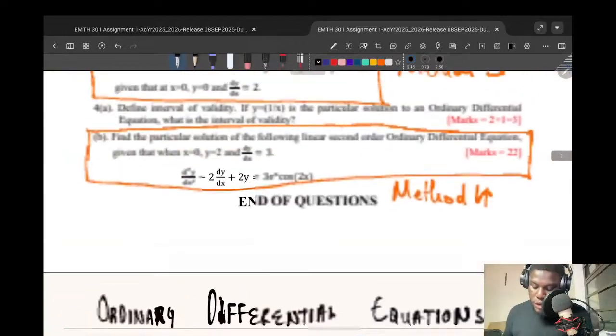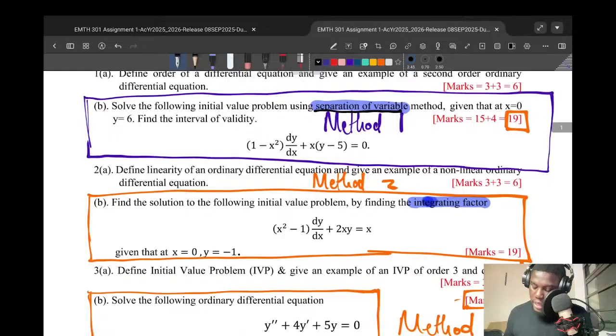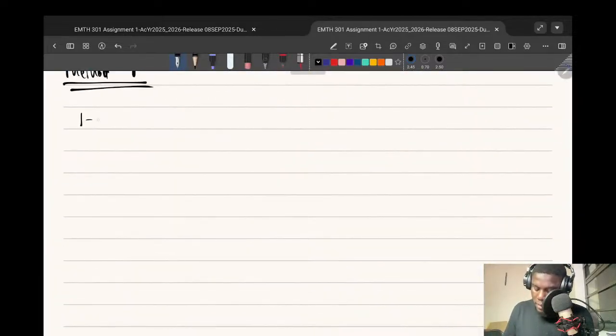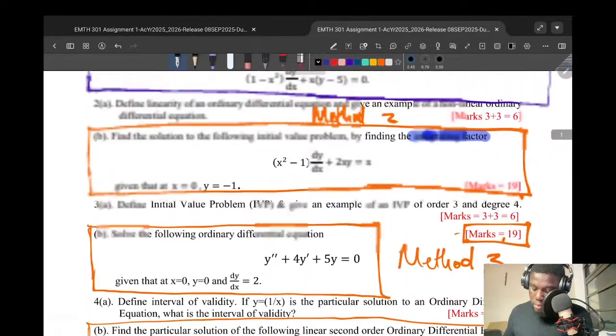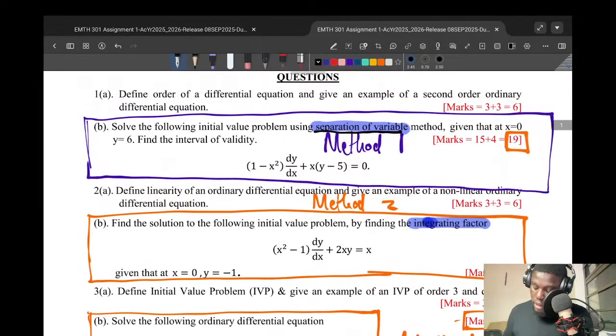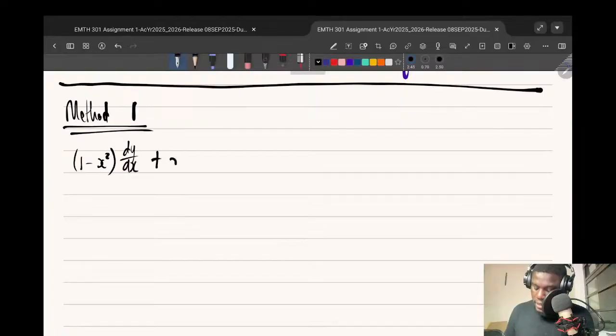It says 1 minus x squared, dy/dx, then plus 2xy is equal to x. Is that the one? No: plus x multiplying y minus 5 is equal to 0. So plus x multiplying y minus 5 is equal to 0.